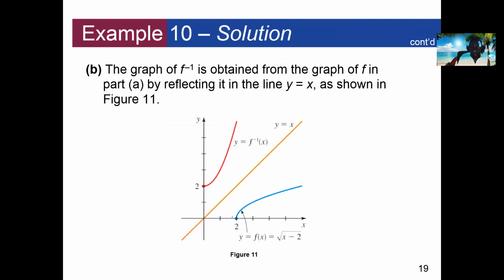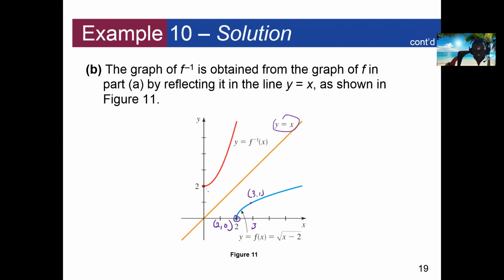Now I'll pick one or two points. The coordinates of this point are (2, 0), and this other point has coordinates (3, 1). If I reflect any of these points in the line y equal to x, you interchange the x and y coordinates.